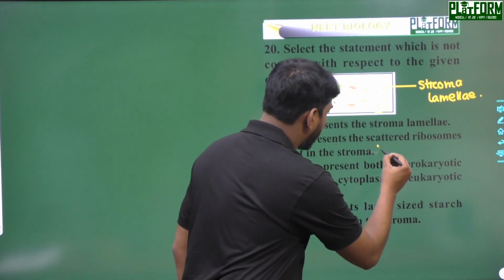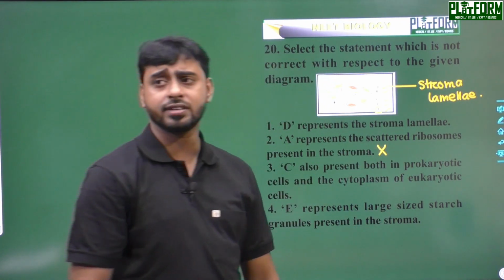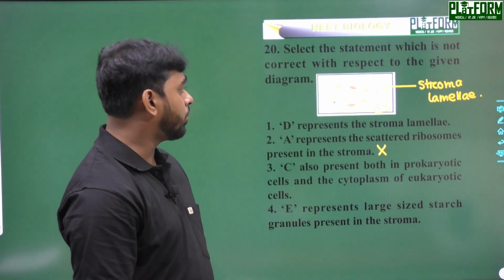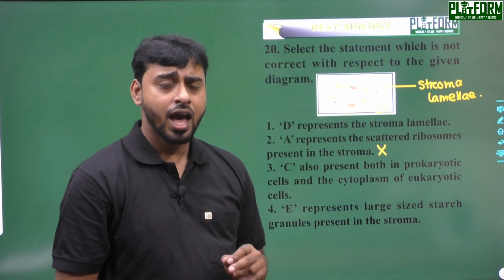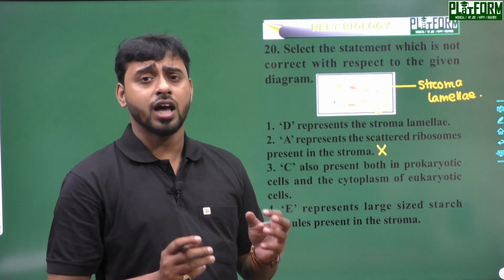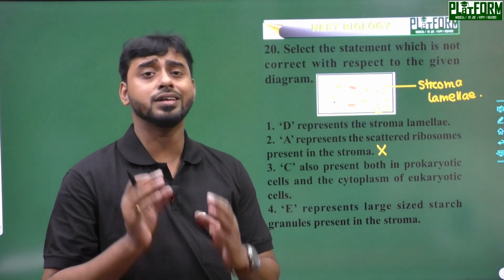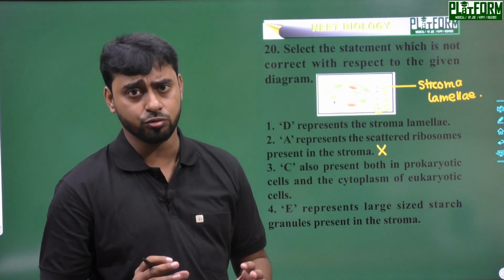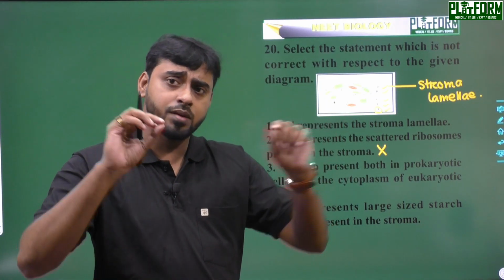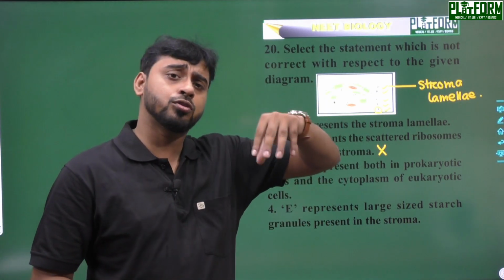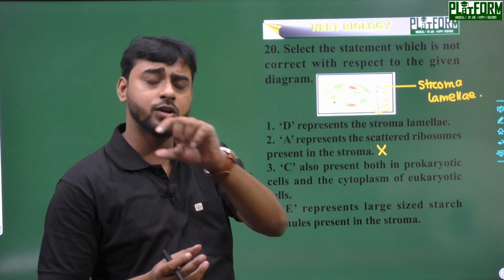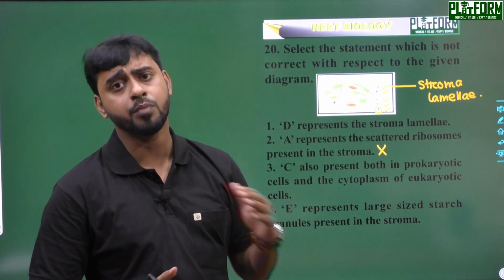This is a wrong statement. This is not the scattered ribosome, because we know that this is a plastid, and inside the plastid the ribosomes are present in the form of polyribosome, where there is a single mRNA and numerous ribosomes are attached with the mRNA to form a polyribosome or polysome.